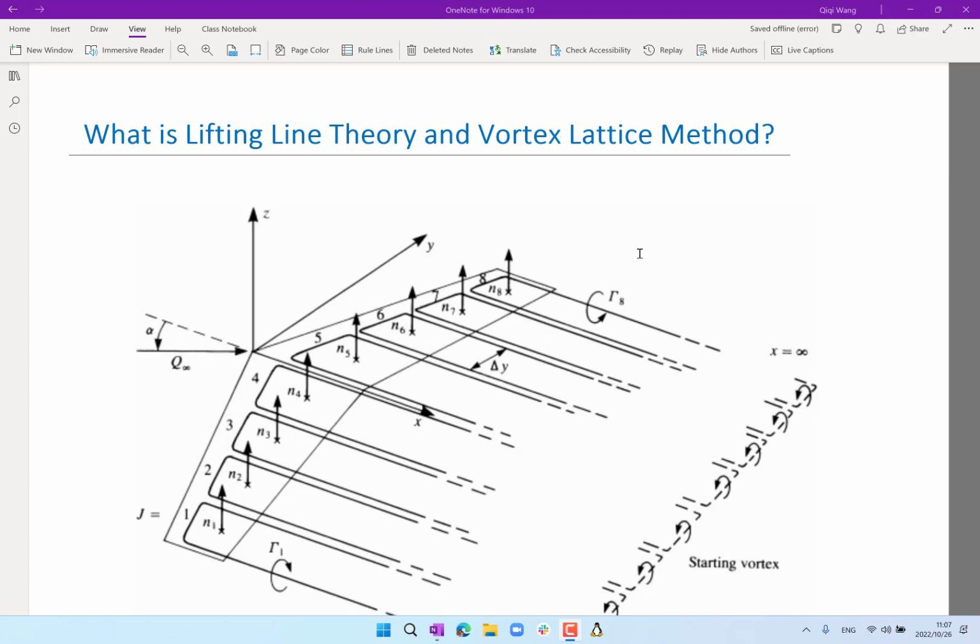And that turns out to be an elliptical distribution. All right, so something you can read.